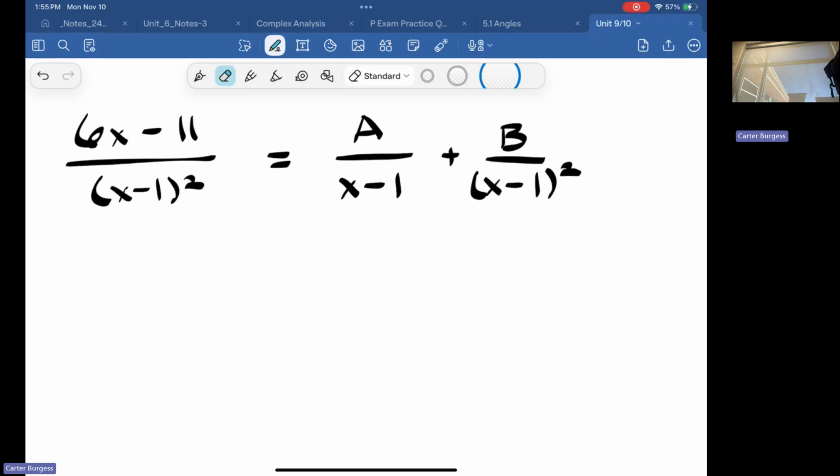So what do I have to do to this term to make the denominator? Remember, we're always trying to make the denominators match. Oh yeah, we actually don't even need to multiply by this. Well, what is this sum going to look like? Then you're going to get your system. In this case, we're going to get terms.